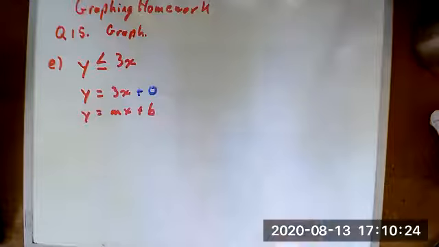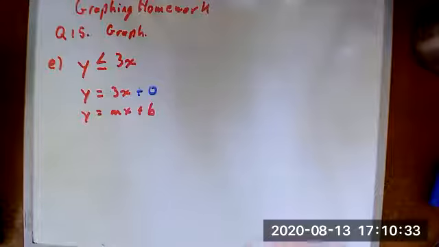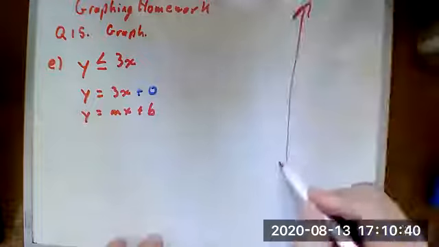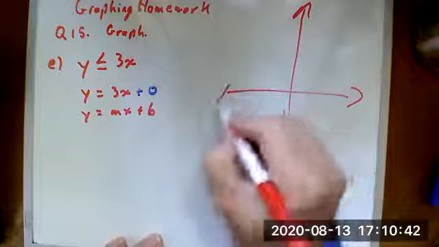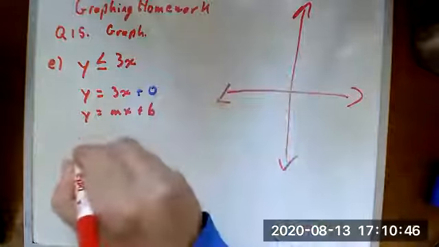That's going to be important because it means we can't use our standard (0, 0) as a test. We'll have to choose some other point. Not a big deal. Any point will do. So, because it's already in this form, we can graph it fairly easily. Our slope is 3, also known as 3 over 1.